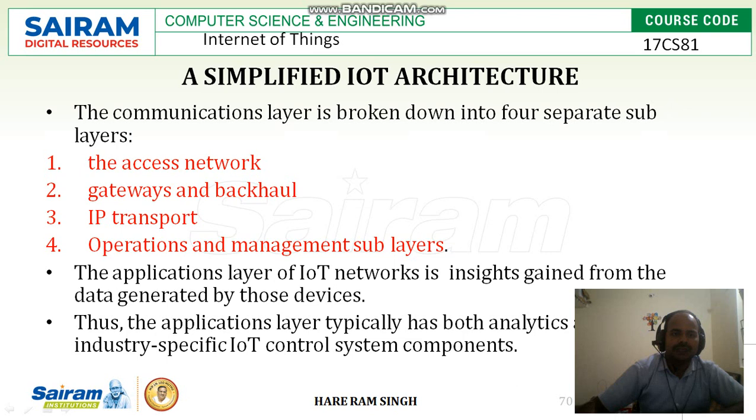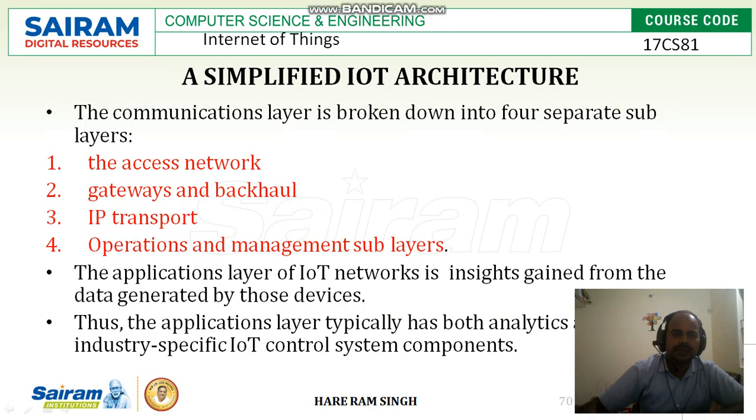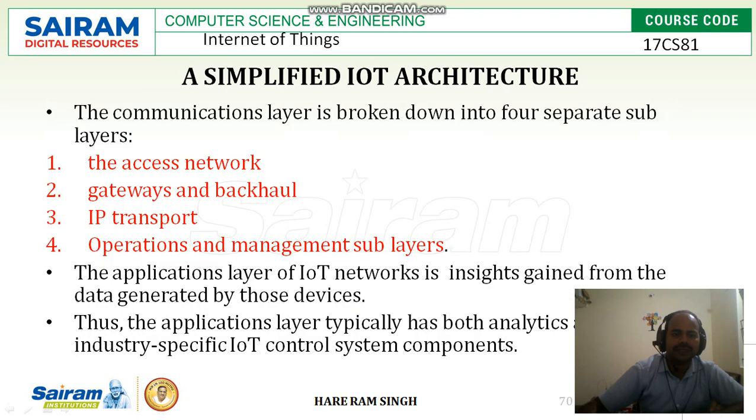The communication layer is broken down into four separate sublayers: the access network, gateway and backhaul, and IP transport. Network transport is also called IP transport. Then the operations and management sublayer, which is the IoT network management.